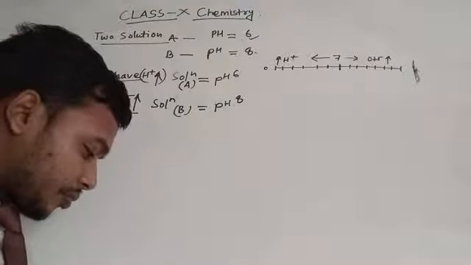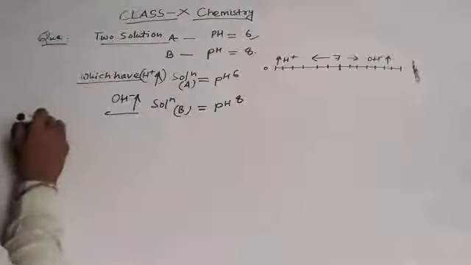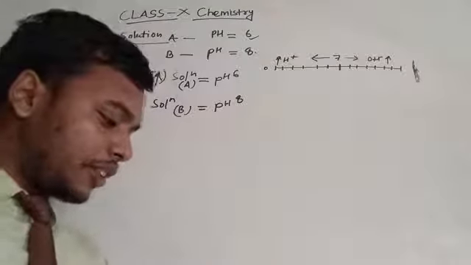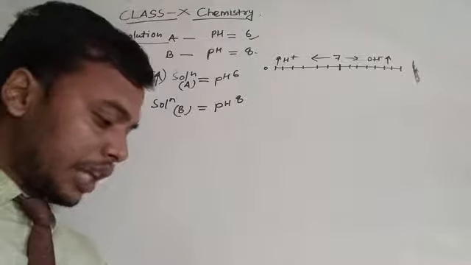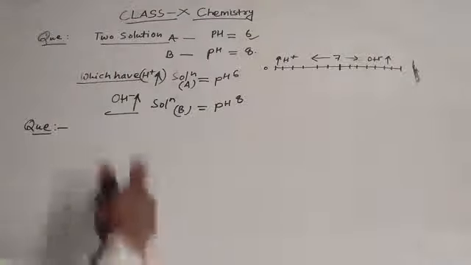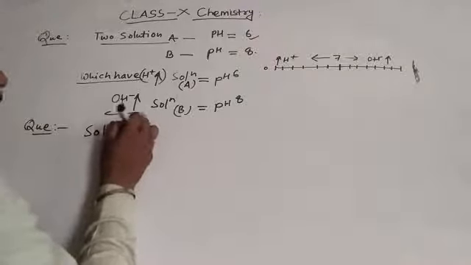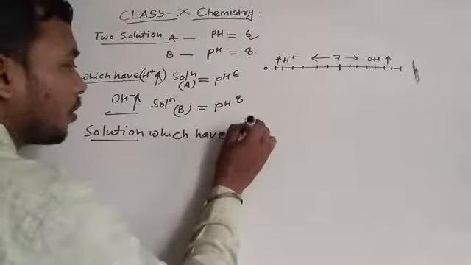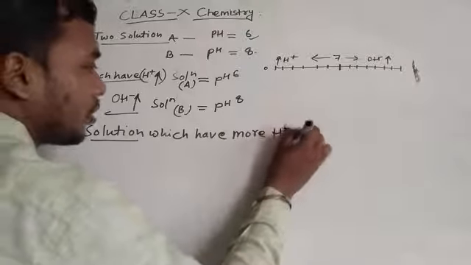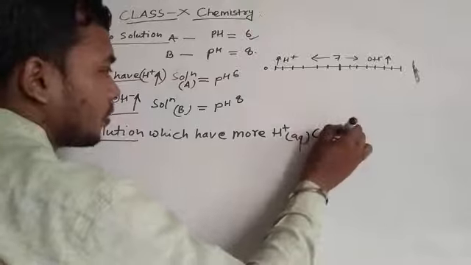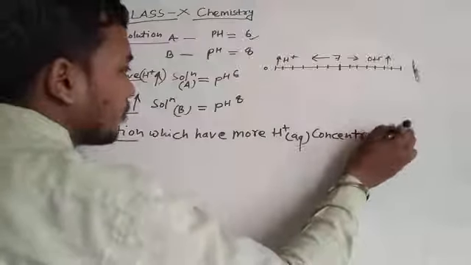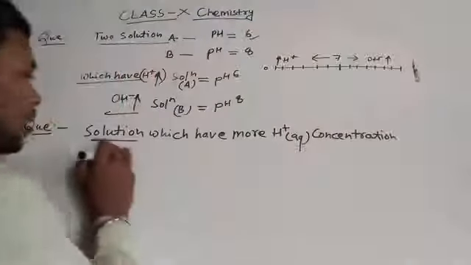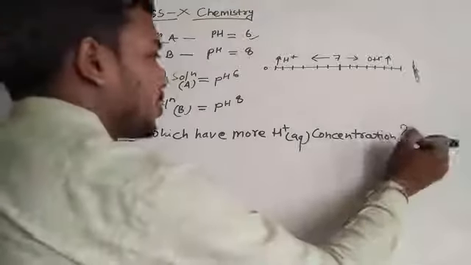So question number 2, that is, what effect does the concentration of H plus ion have on the nature of a solution? Suppose there is a solution which has more H plus ion concentration, and what is the nature of this solution?